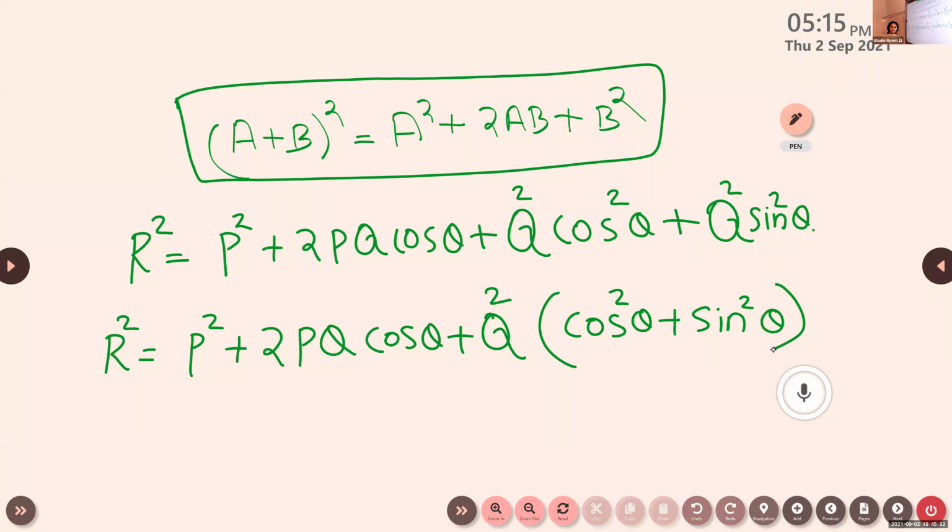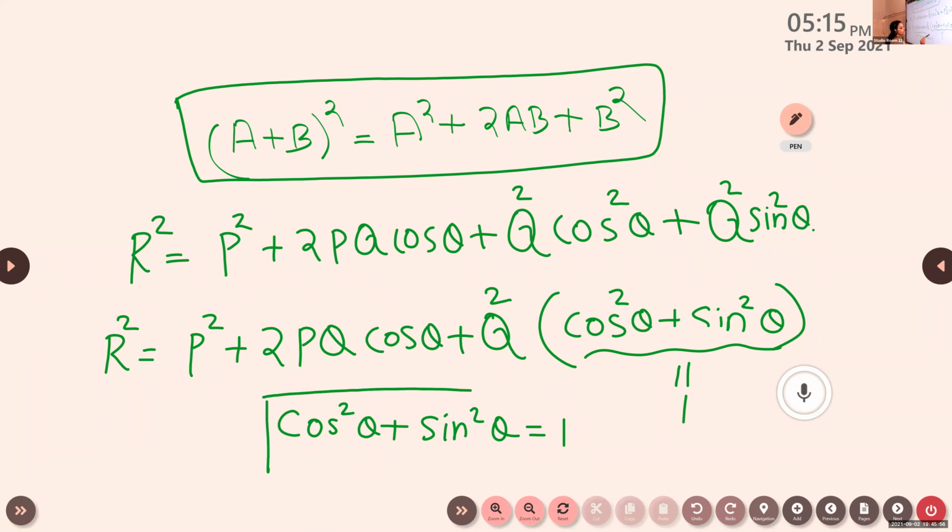So R square is equal to P square plus 2PQ cos theta plus Q square into cos square theta plus sin square theta. Now again in trigonometry, what does this cos square theta plus sin square theta indicate? 1. Okay. So in trigonometry, we studied that cos square theta plus sin square theta is equal to 1. Those who do not know this relation, take it as a side note.